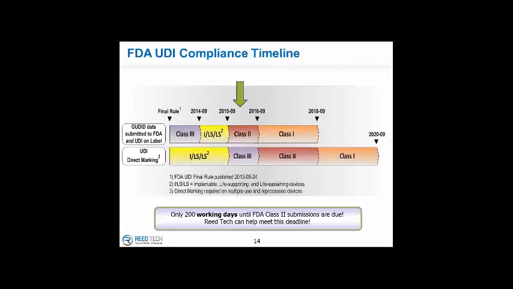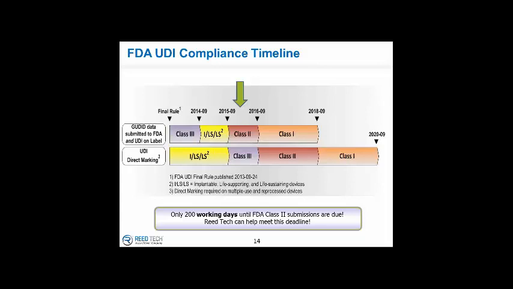Barn asks, could you clarify the difference between labels and packages of Class 2 medical devices under the September 2016 UDI and direct marked in 2018? What is the difference between a label and directly marked? So that's a good question.